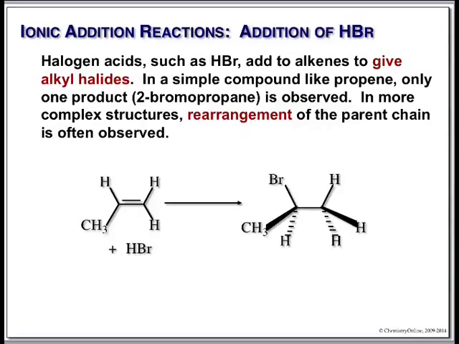But a rearrangement simply means that the connectivity of the particular compound changes. So if we have a more complex alkene here, quite often it would rearrange its carbon skeleton during this process. Rearrangements are often observed in reactions involving carbocation intermediates. The addition of HBr does in fact involve a carbocation.